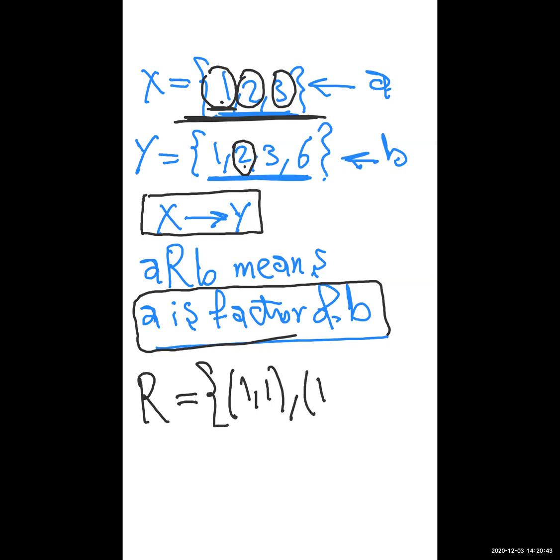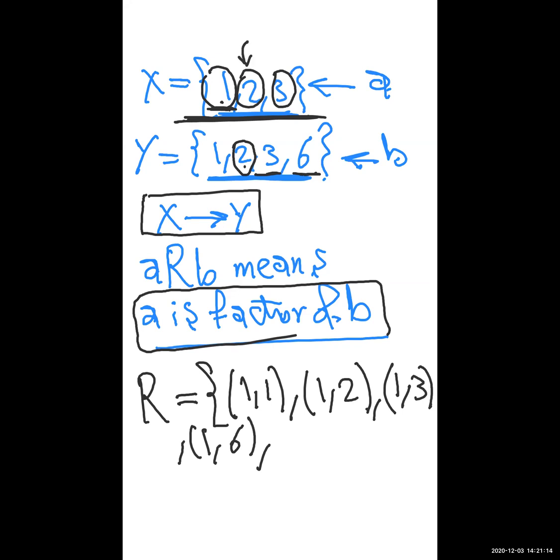So 1 and 2. What about 1 and 3? Of course, because 3 equals 3 times 1. So 1 and 3. Then 1 and 6. This one is also correct because 6 equals 6 times 1. So 1 and 6.